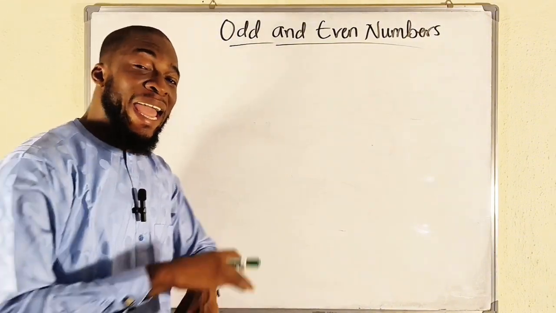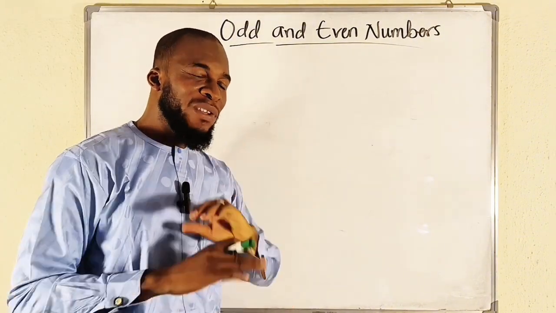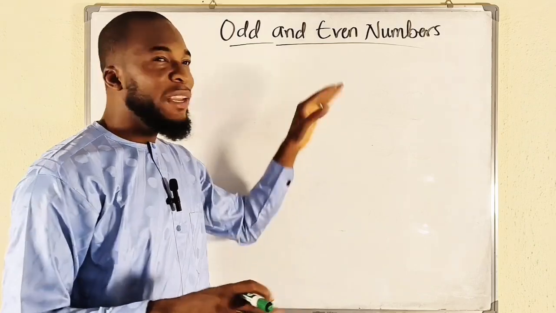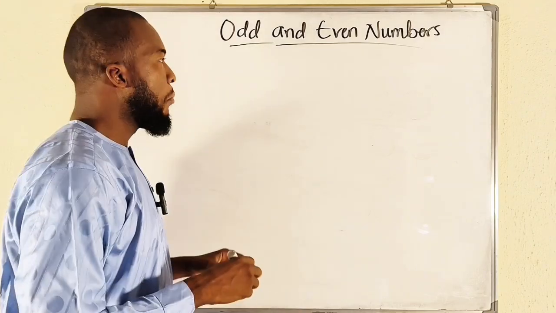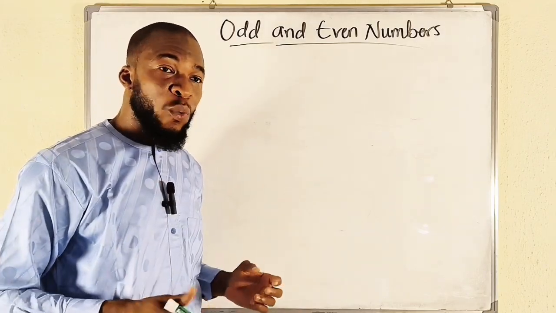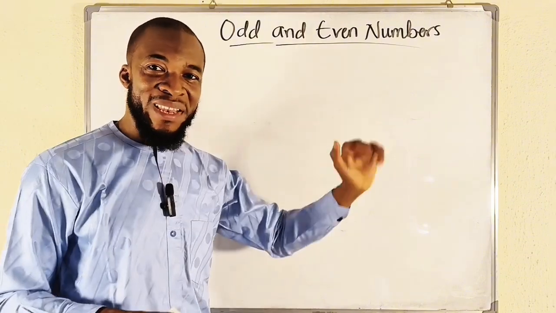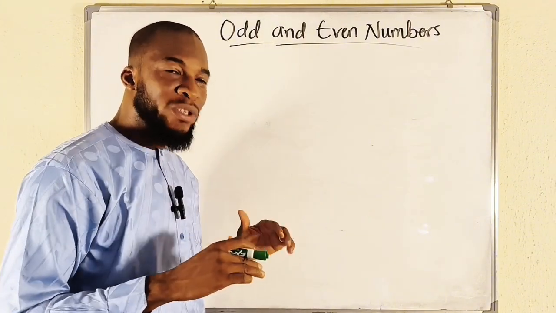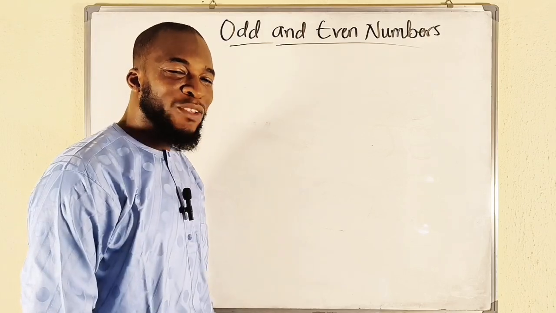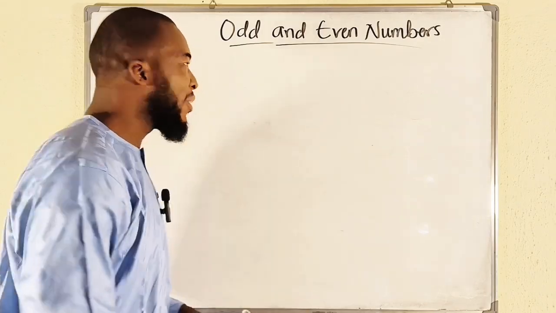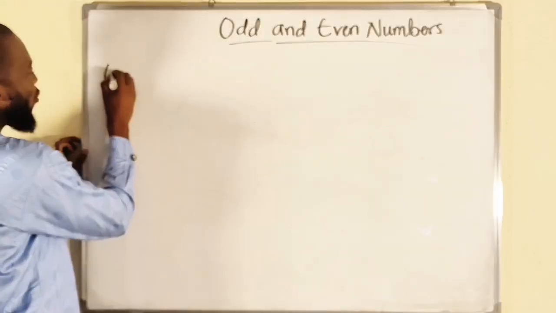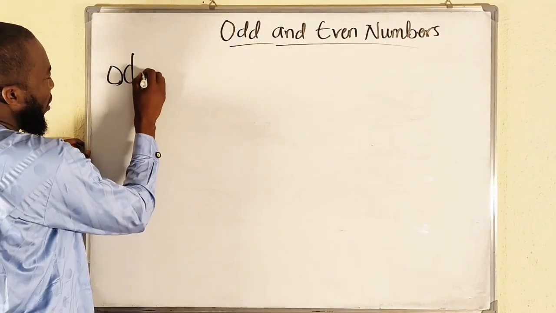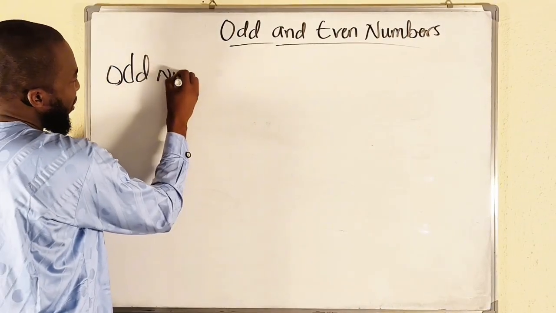Do not say any number, because I told you we have different types of numbers. We are only talking about integers. But for the sake of this lesson, we are only going to consider positive integers. I know negative integers can be even or odd, but since we are in lower class, we are going to consider only the positive numbers. So let's start with odd. Odd numbers.